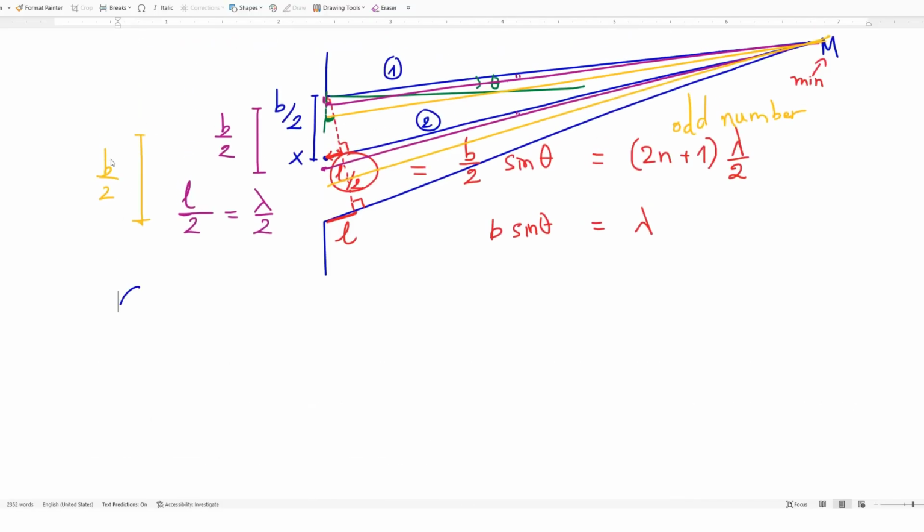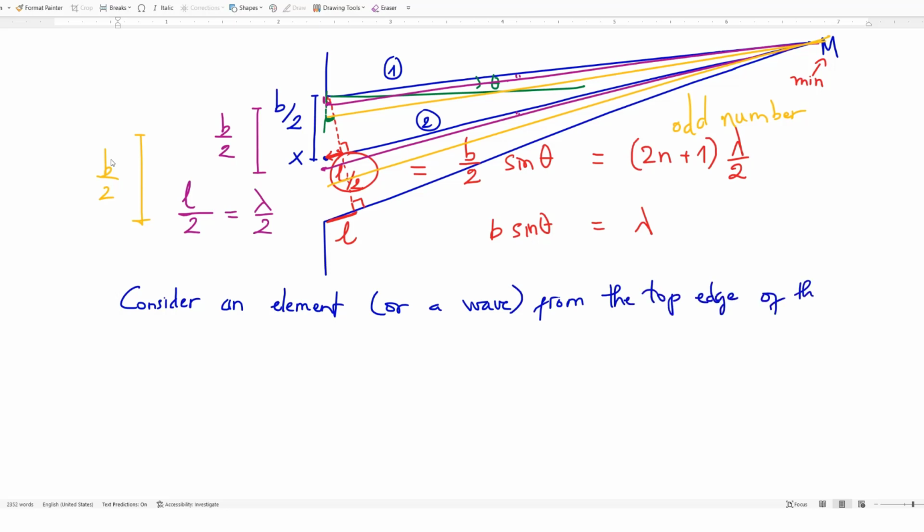Consider two elements of the wave, one from the top edge of the slit and another element at the center x.